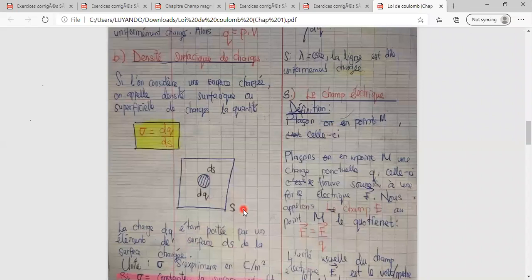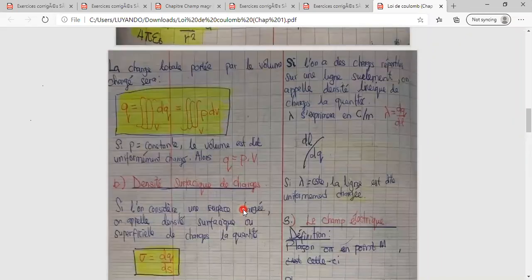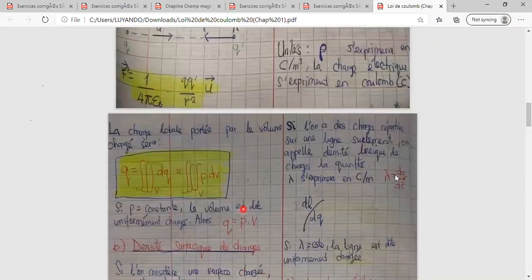If we have charges distributed along a line, we call linear charge density the quantity. This is the symbol for linear density, expressed in Coulomb per meter. This is equal to dq over dl.